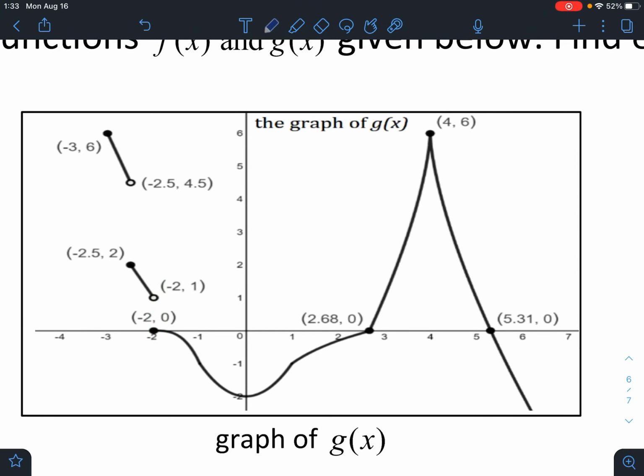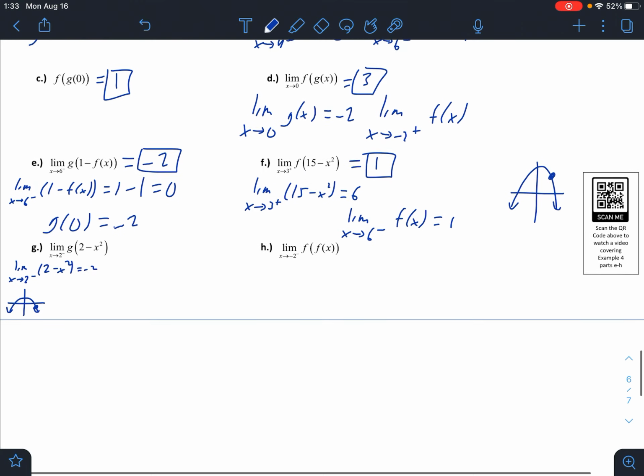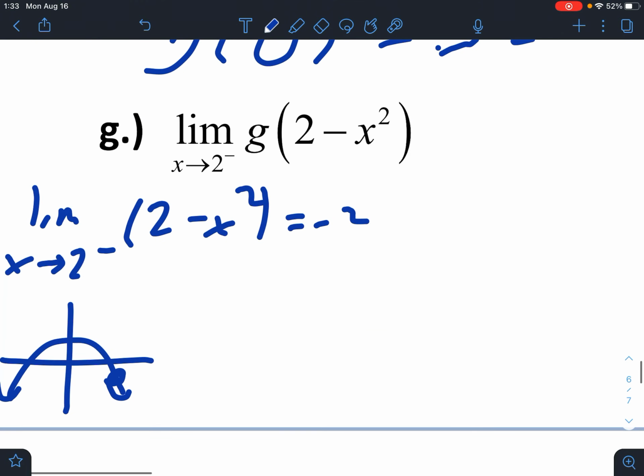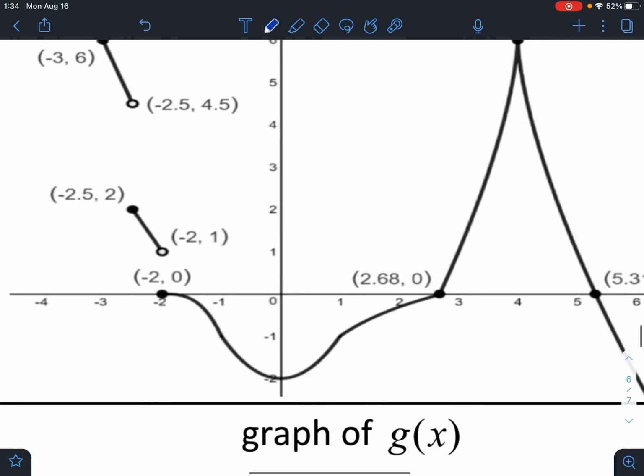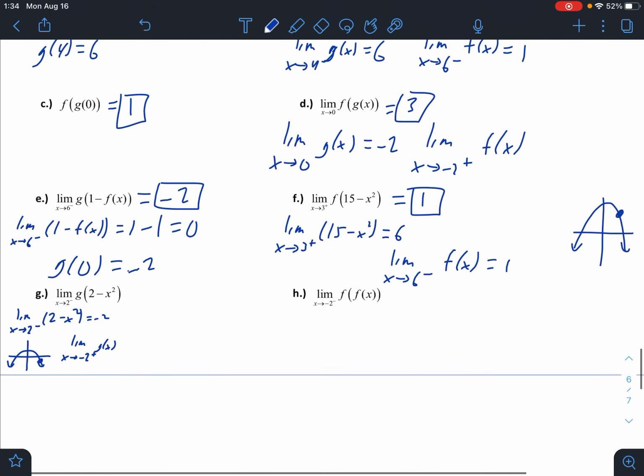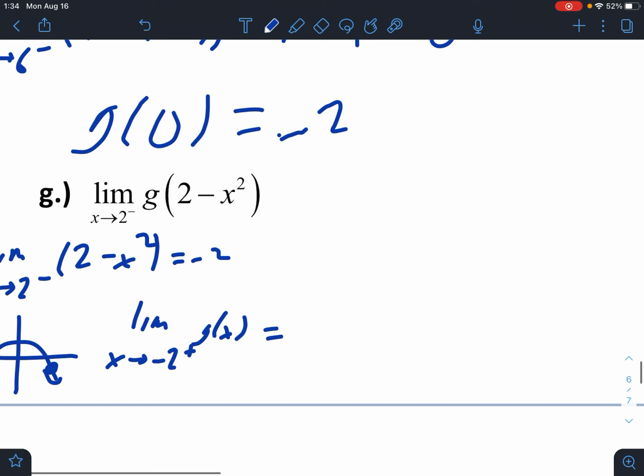So we have to approach that from the right side because this approaches it from above. So we're going to do a limit as x approaches -2 from the right side of g of x. And that would be 0, which means our answer to this limit is 0.